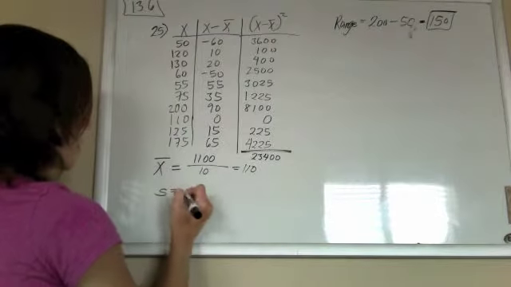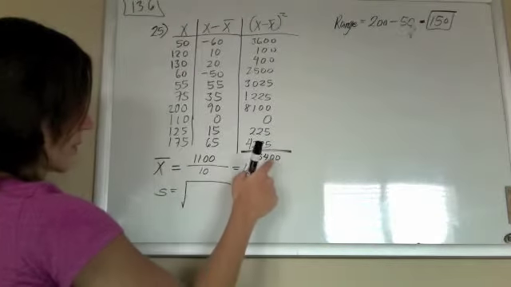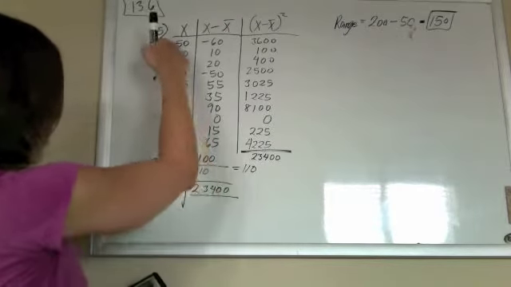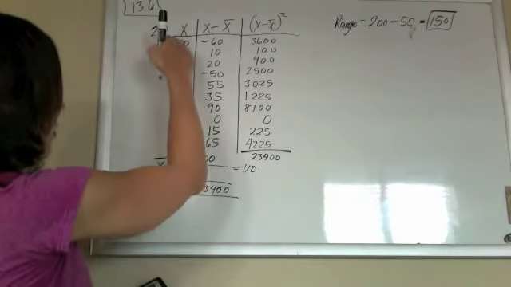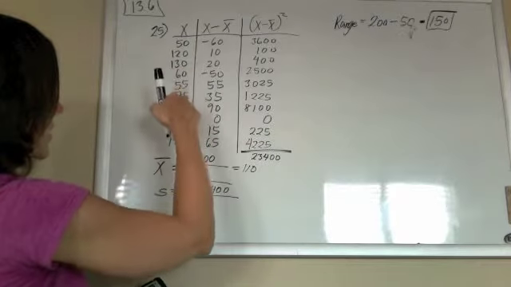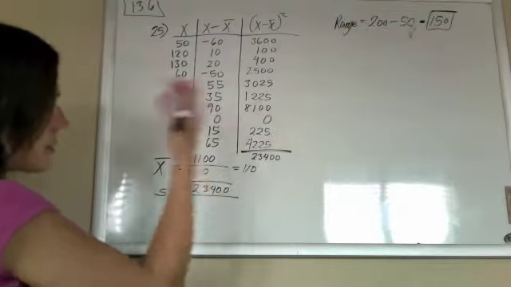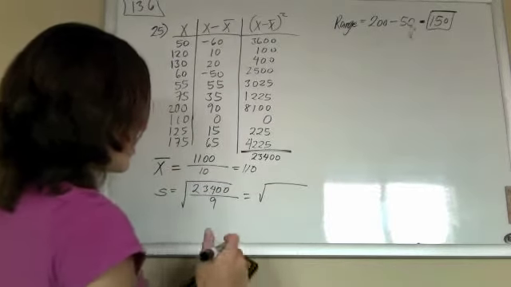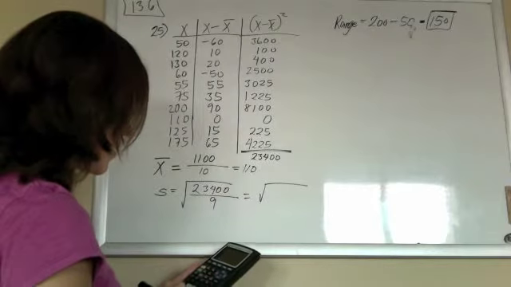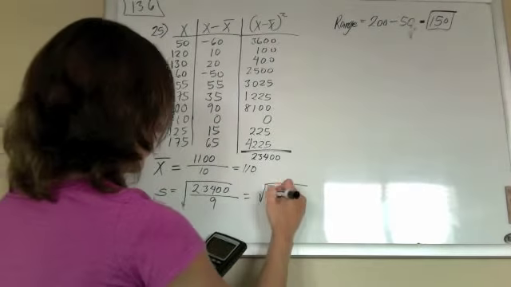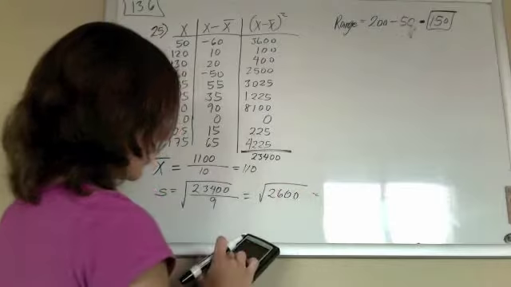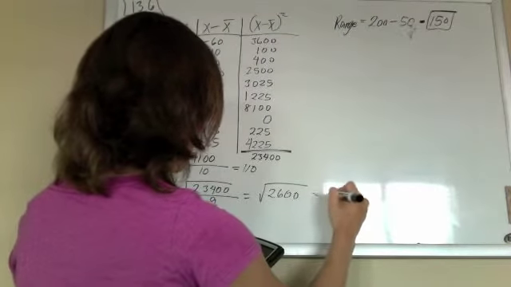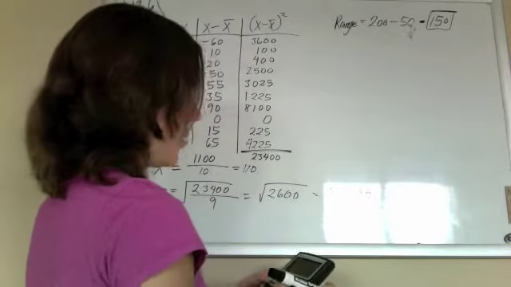So our standard deviation formula tells us to take the square root of the number we just found divided by n minus 1. So remember we had 1, 2, 3, 4, 5, 6, 7, 8, 9, 10 terms. Back that up 1 to 9. So we have 23400 divided by 9 is 2600, and the square root of 2600 is 50.99. A lot of work.